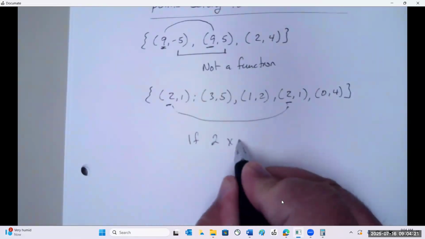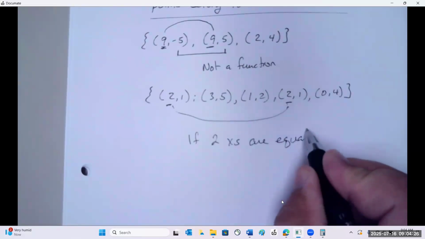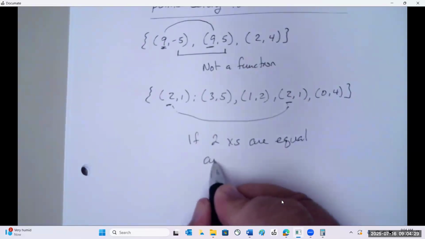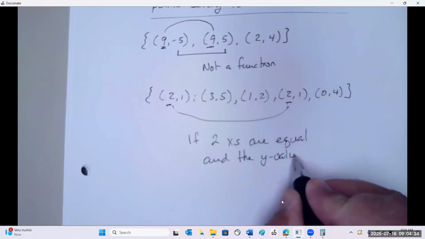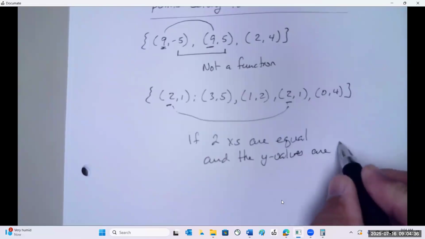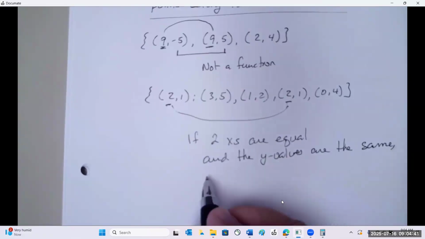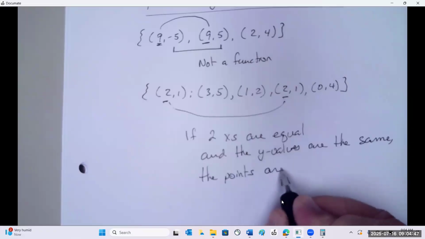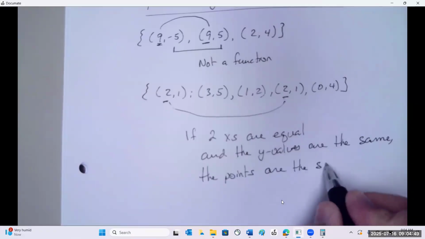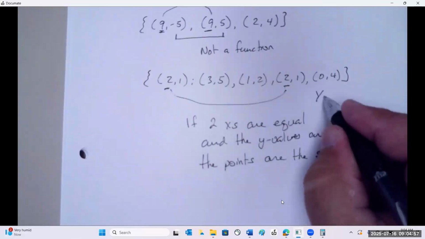If two x's are equal and the y values are the same, the points are the same. So yes, this is a function.